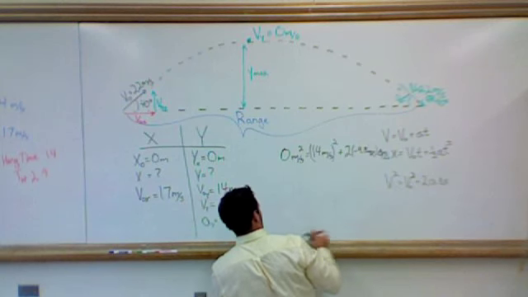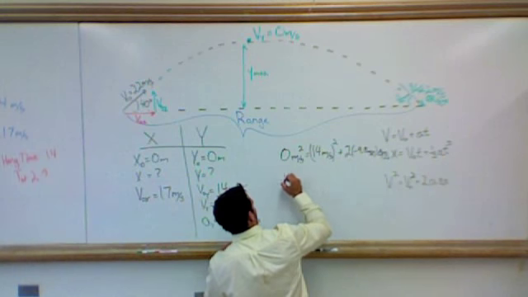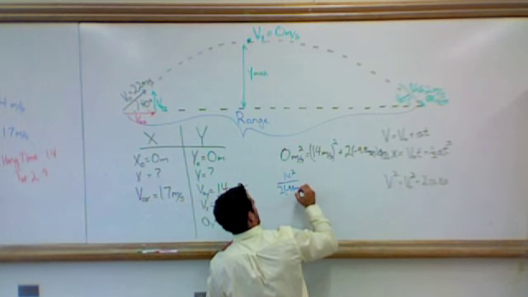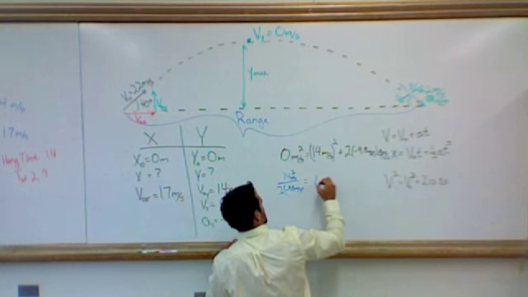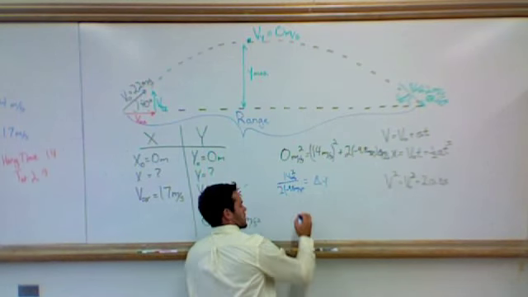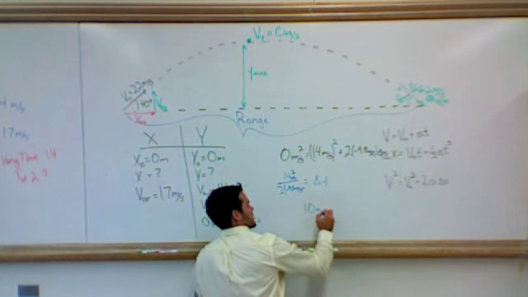Rearranging this, 14 squared over 2 times negative 9.8 meters per second squared equals our change in y. Our change in height, or our final position, will work out to be 10 meters.